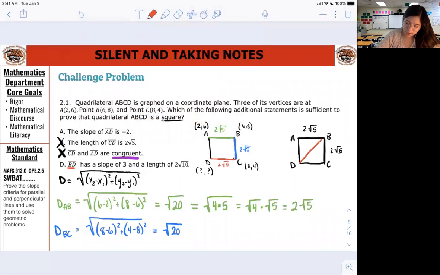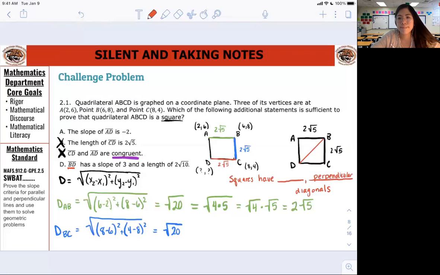Well, what do we know about the diagonals of squares? Fill in the blanks for me. Perpendicular, good. There's one more thing. So squares have perpendicular diagonals.